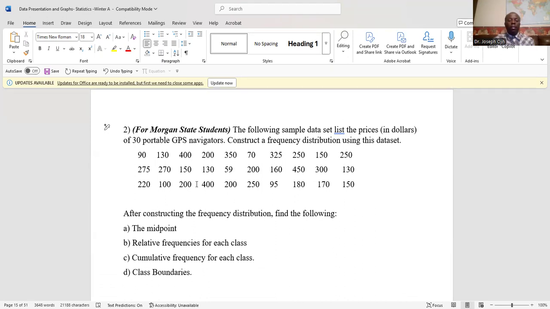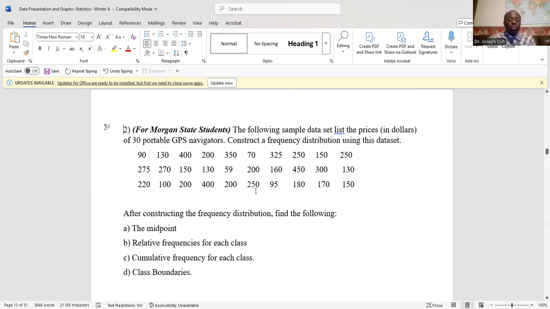And then after that, find the midpoint, the relative frequency for each class, and the class boundaries. Let's do this one, and then I will also show you how you can get it using Excel.